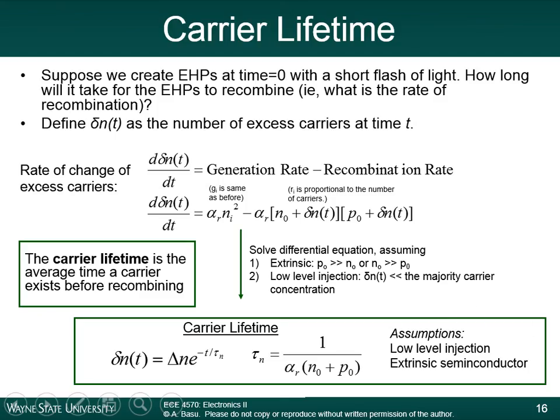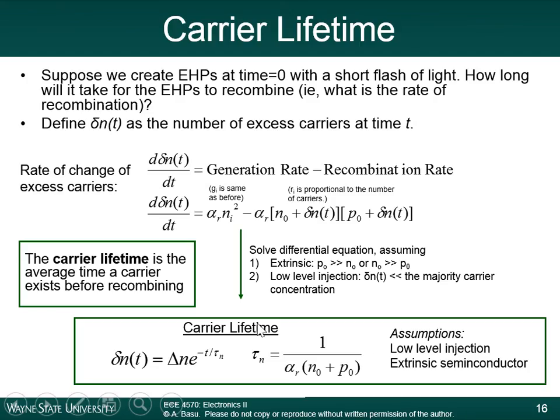Therefore, the recombination rate is going to go up. The intuition there: the more electrons and holes you have, the higher the probability that they're going to collide with one another. So this n0 and p0 now becomes n0 plus the excess, p0 plus the excess.